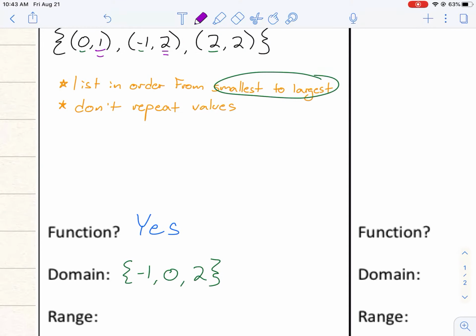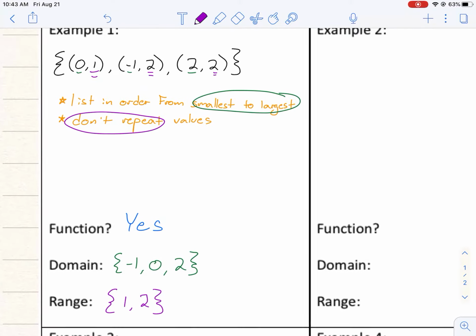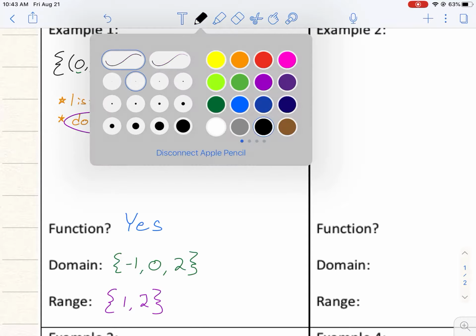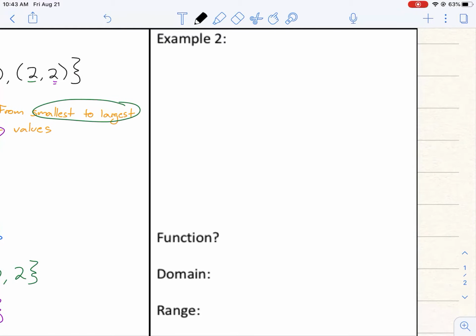So I've got 1, 2, and 2. And then here we don't want to repeat any of our values, and I still want to do it from smallest to largest. So my range is 1, 2. Pretty straightforward.